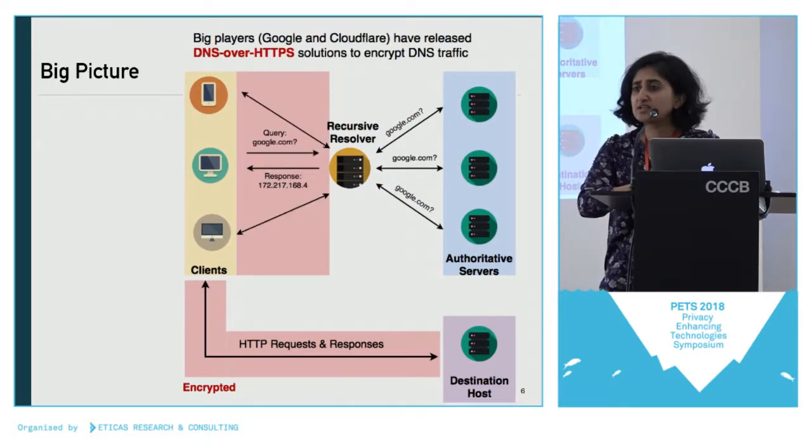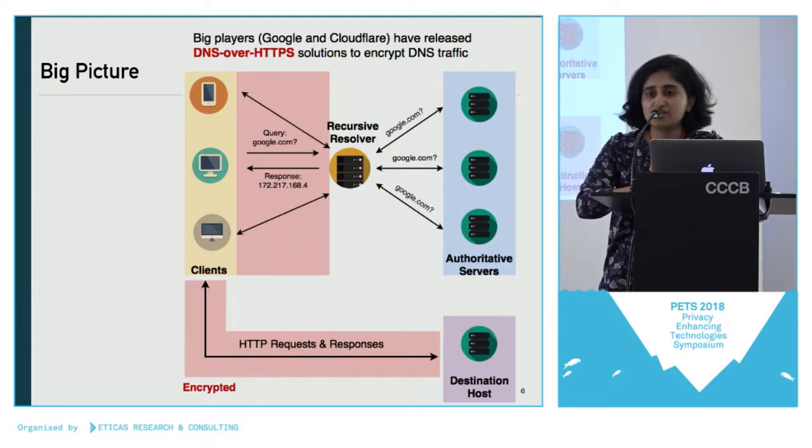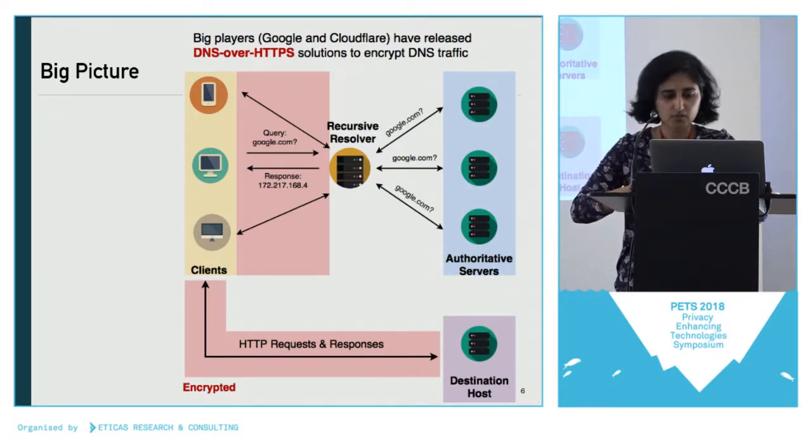We already have big players such as Google and Cloudflare that have released solutions using DNS over HTTPS to encrypt the DNS traffic between the client and the recursive resolver. DNS over HTTPS is a relatively new protocol where the idea is to establish an HTTPS connection between the client and the recursive resolver and use that to exchange queries and responses.